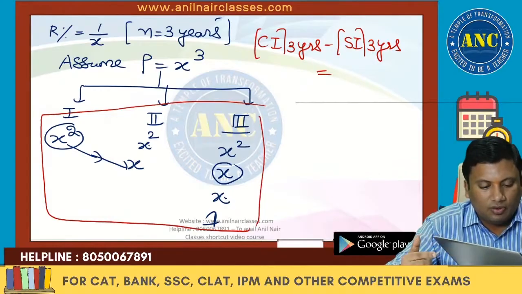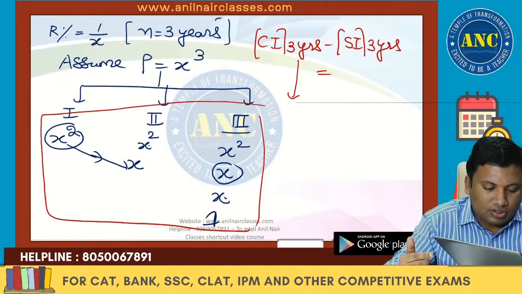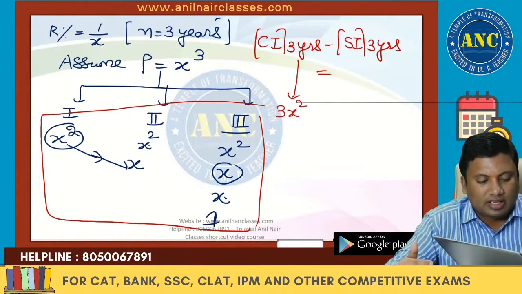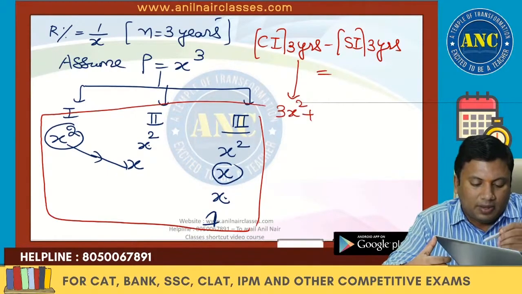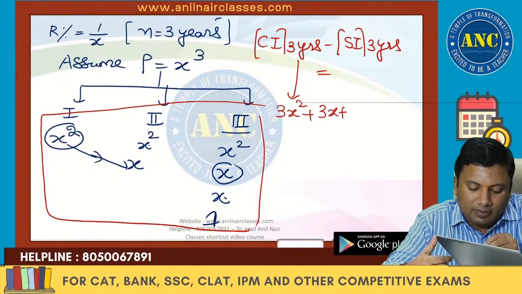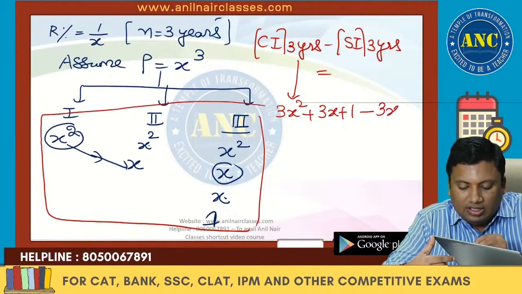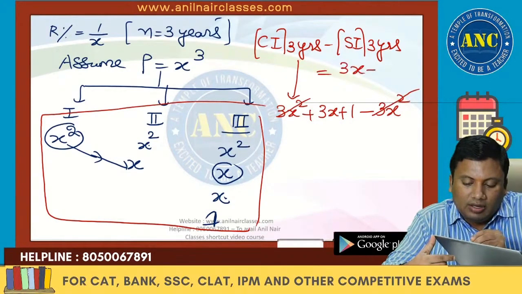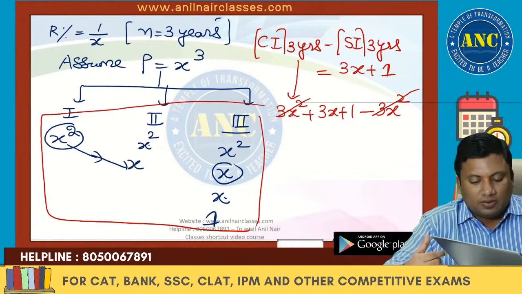Compound interest for 3 years, total value, is x square plus x square plus x square, 3x square, plus x plus 1, which is 3x plus 1, minus SI for 3 years, which is 3x square. Cancel, which is nothing but 3x plus 1.